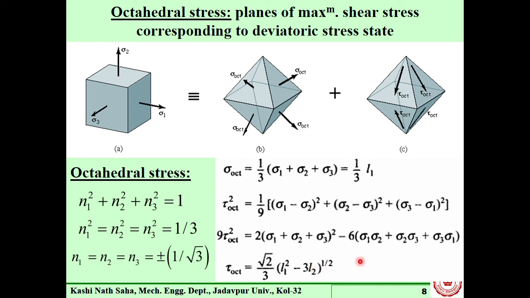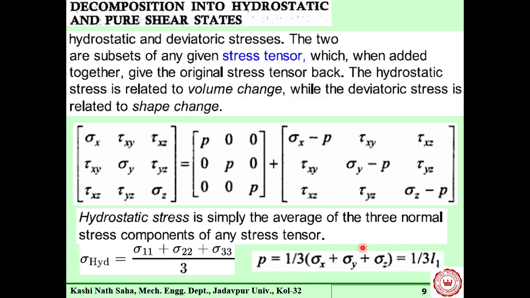This is the second invariant of the state of stress tensor. Is this much clear? So with this idea, what we do sometimes, a given state of stress matrix is decomposed into these two parts.